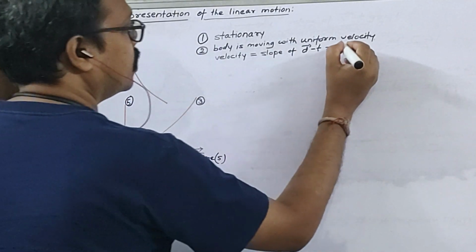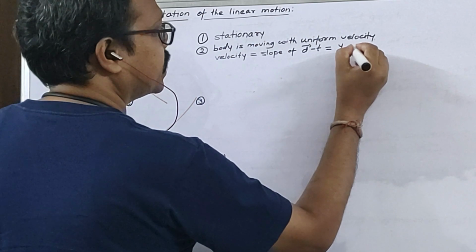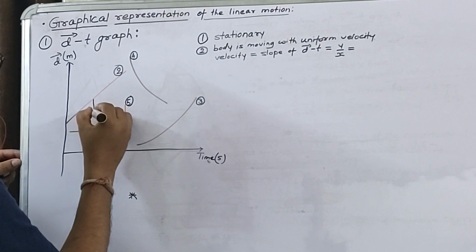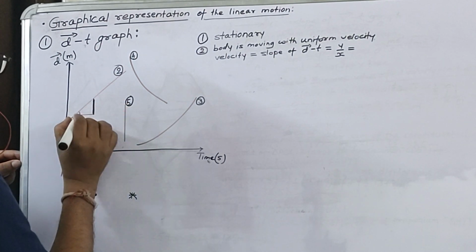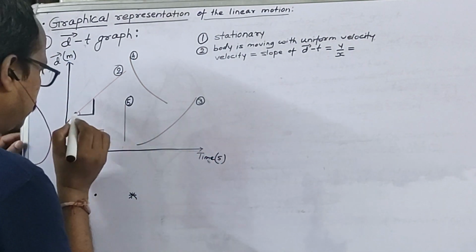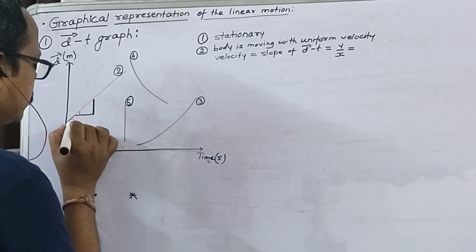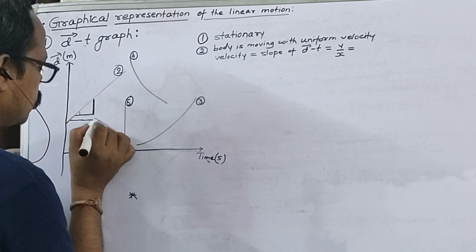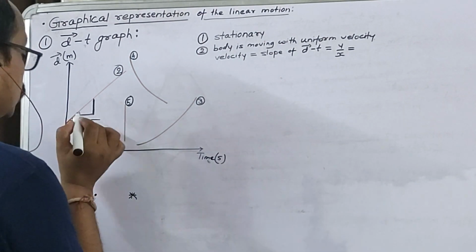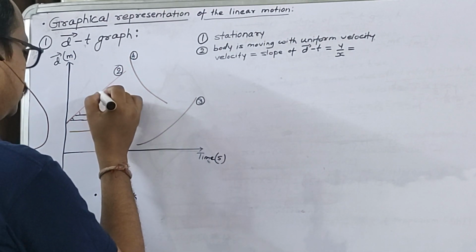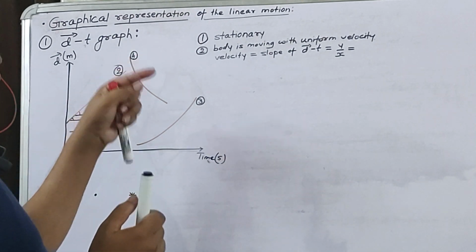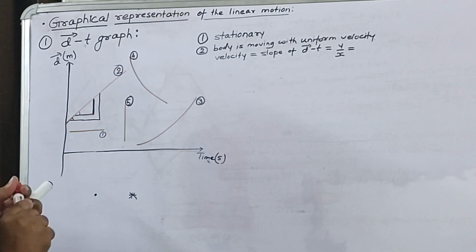Y upon x. What is represented on the y-axis? The displacement. You calculate it, this by this. You can take any line, and every time you will find the same slope, because both of these lines are parallel, so the corresponding angles will be equal. You will find that the object is traveling with uniform velocity.